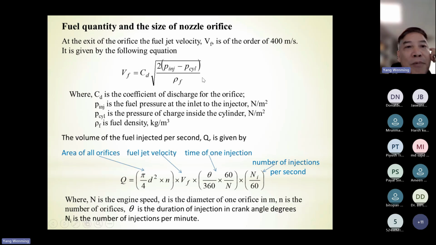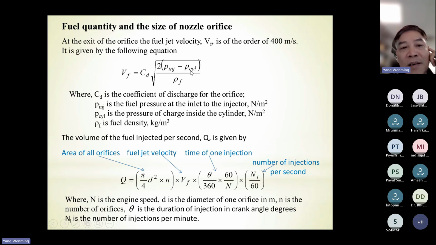So basically, the fuel injection velocity can be calculated by using this equation. The fuel injection velocity equals C_D times the square root of 2 times the pressure difference. This pressure difference, P_injection, is the fuel injection pressure in the injector, okay?